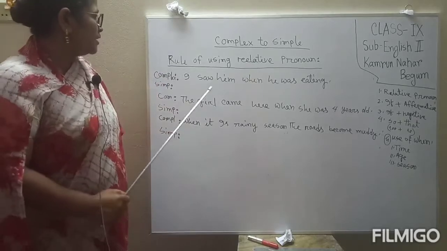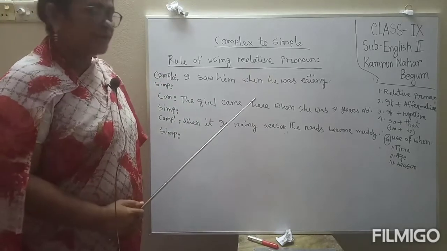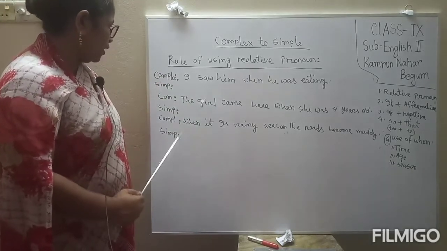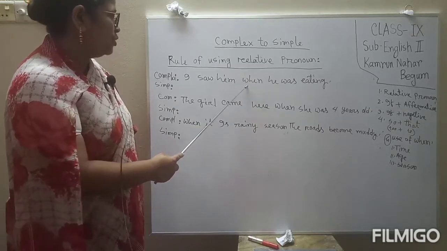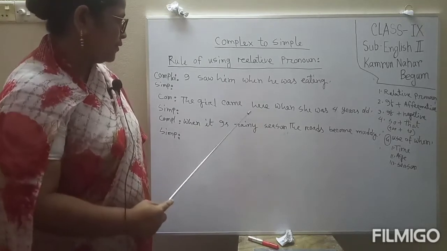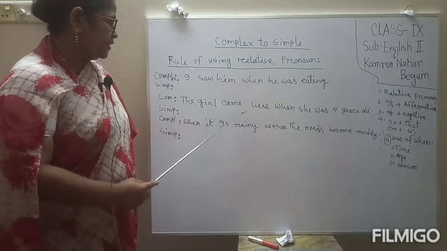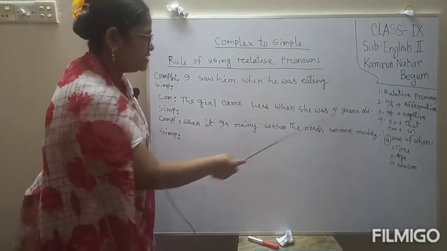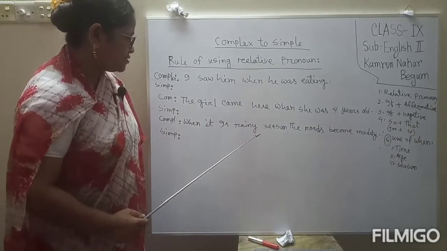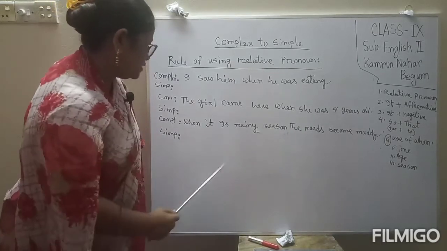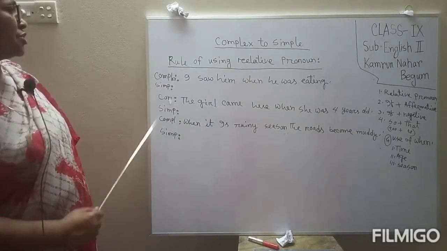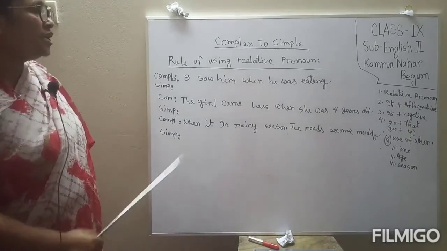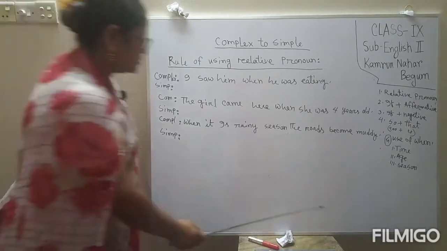Now you will learn another use of relative pronoun, and it is when. When has three situations. One is for time, another is for age, and the rest is for season. In three situations, you should maintain three different rules.